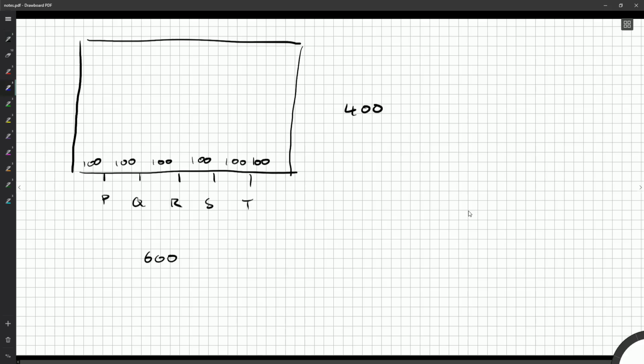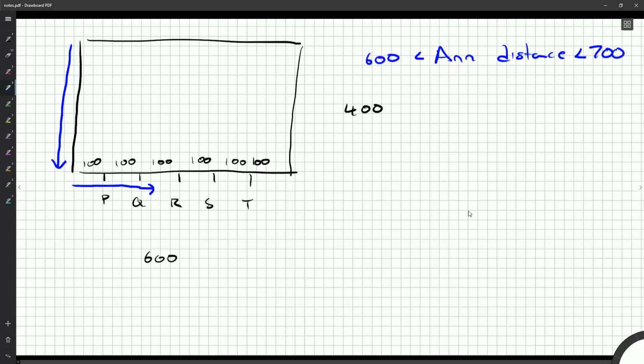So what does Anne do? Anne comes down by 400, and then she goes across at least by 200, possibly by a bit more. So Anne's distance is between 600 meters and 700 meters. She definitely goes past Q, but doesn't go past R before the meeting takes place.